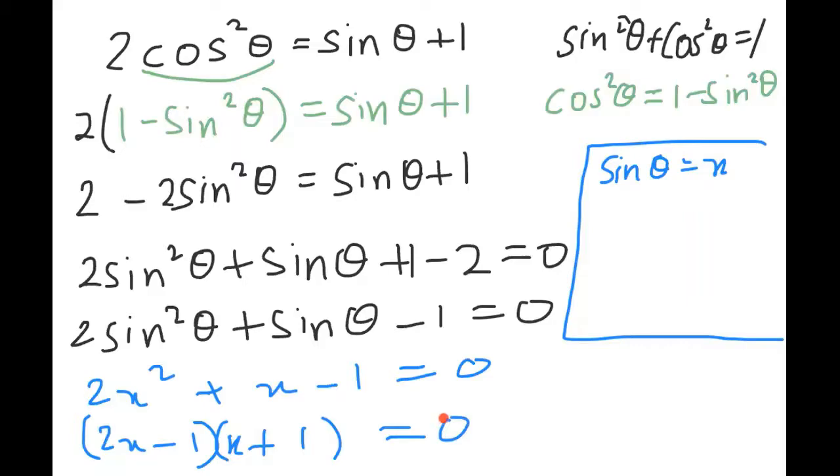I'm just going to go to the following page. So it's 2x minus 1, x plus 1. Keep in mind sine of theta equal to x. So I'm going to substitute the sine of theta back into here.